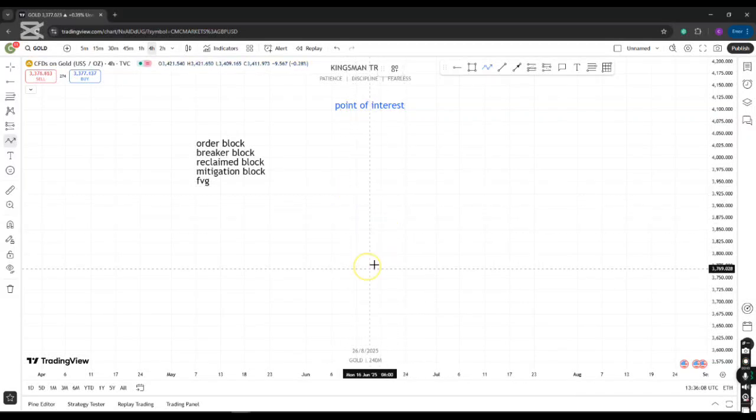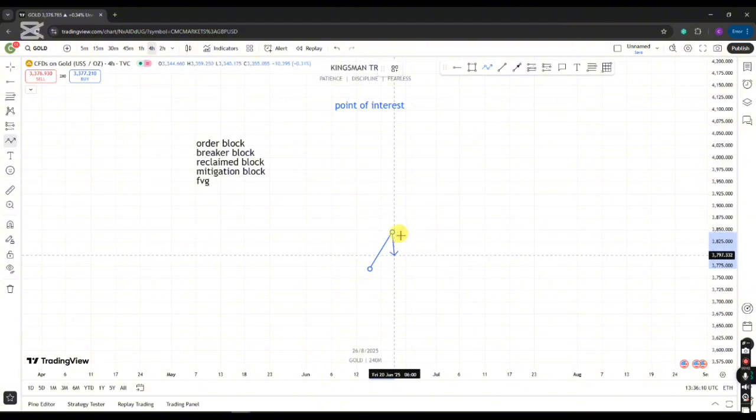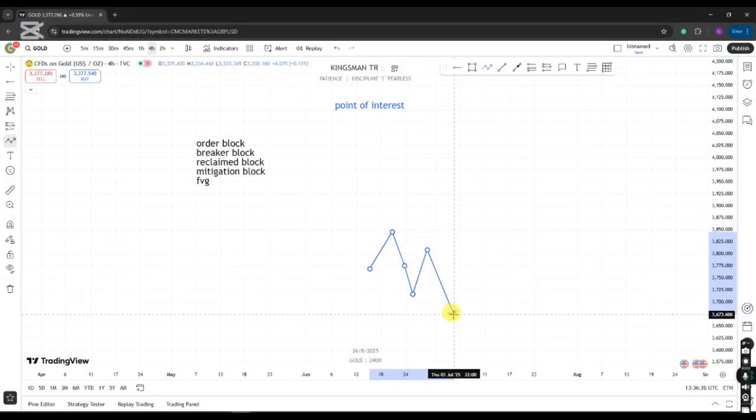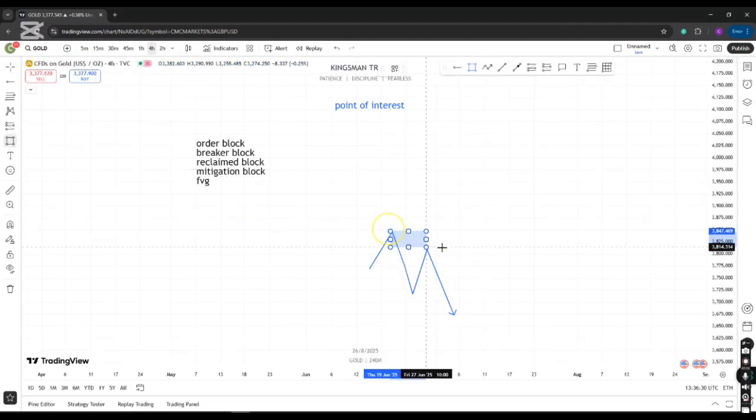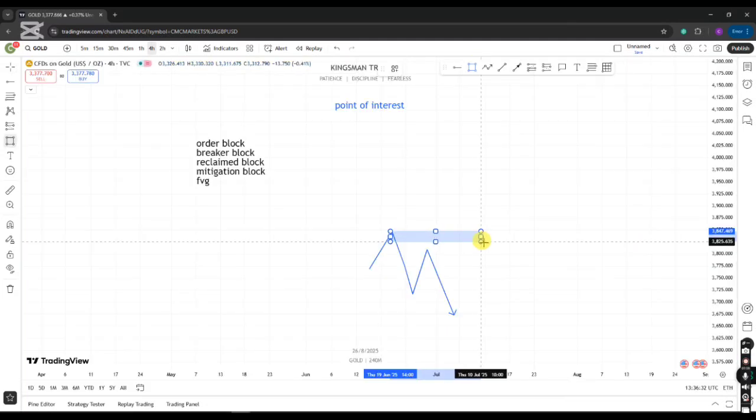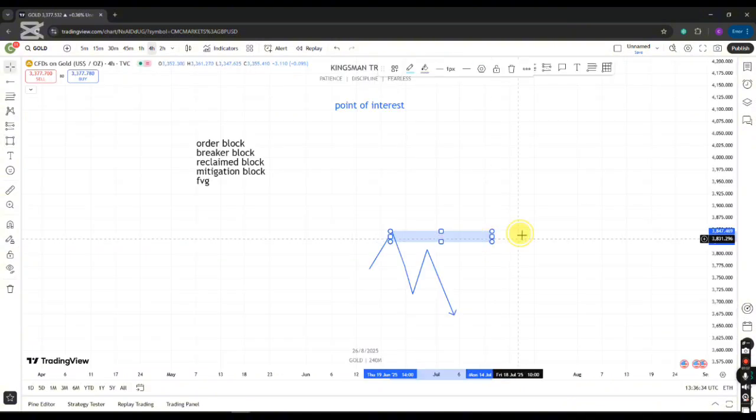Now let's say, for example, at this point, we have our point of interest to be an order block around this zone, whereby we expect price to get to that point and then sell.